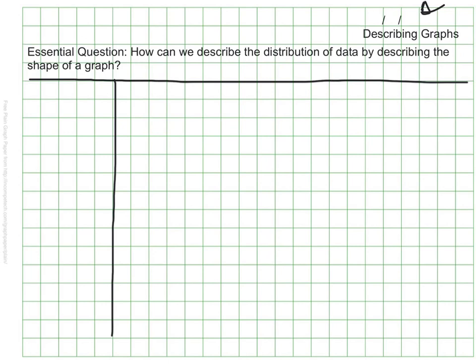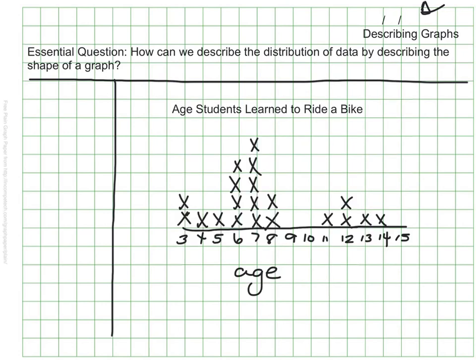I'm going to set up a line plot here. So here is a line plot that shows the age that students first learn to ride a bike. And we can see a lot of different information in this, even if we don't stop to calculate any measures of center with the information. We have this part here where a lot of the data is sitting.